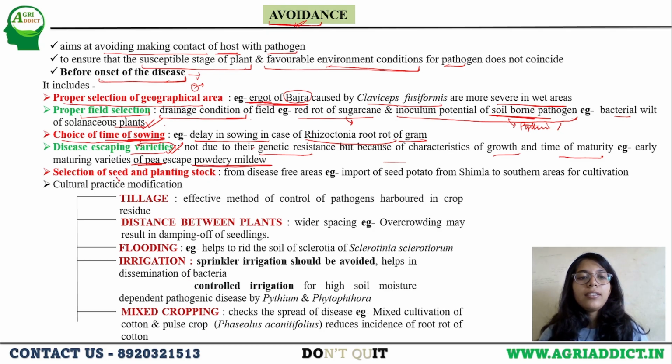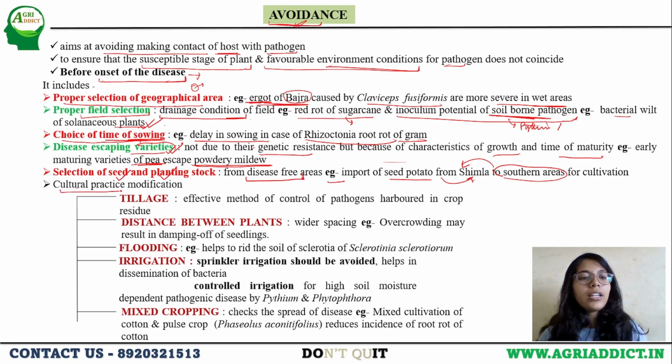We need to select the seed and the planting stock from the areas where it is disease free. The example I have given is that the seed potato should be procured from Shimla, so that the southern areas generally procure the seed potato from Shimla to avoid the occurrence of various potato related diseases, that is late blight and various other viral diseases.